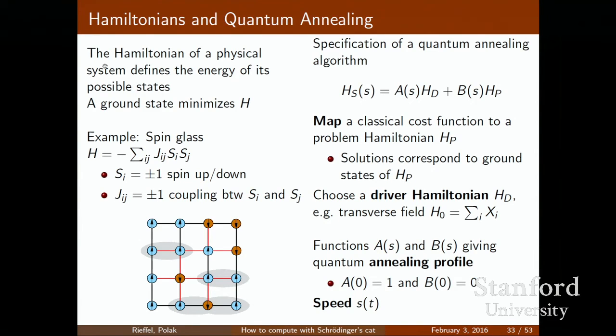But how do we start this algorithm? Generally, we need to choose what's called a driver Hamiltonian, and that's usually the transverse field. The way it's probably best for you to think of this as computer scientists is that it's the Hamiltonian whose ground state is an even superposition of all of the possible states in the space.